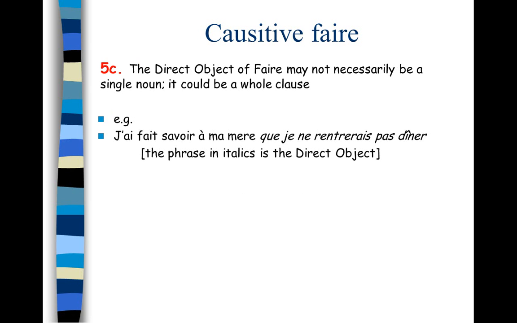Something else to remember, the direct object of faire may not necessarily be a single noun. It could be a whole clause. J'ai fait savoir à ma mère que je ne rentrerai pas dîner. And this whole thing is a direct object. I had made known to my mother that I wouldn't be coming home to dinner.